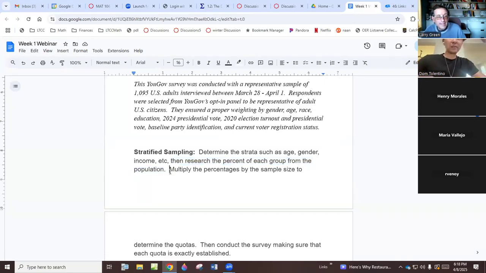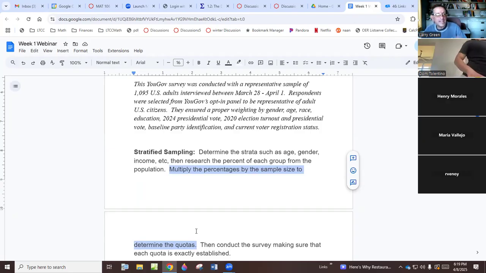Step three is you multiply the percentages by the sample size to determine the quotas. So let's suppose, for example, in California, you wanted to do this study, and you found out that, and I'm making this up, 38% of Americans are Hispanic.